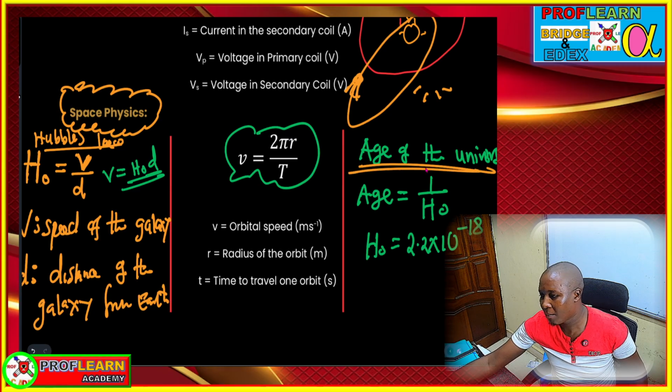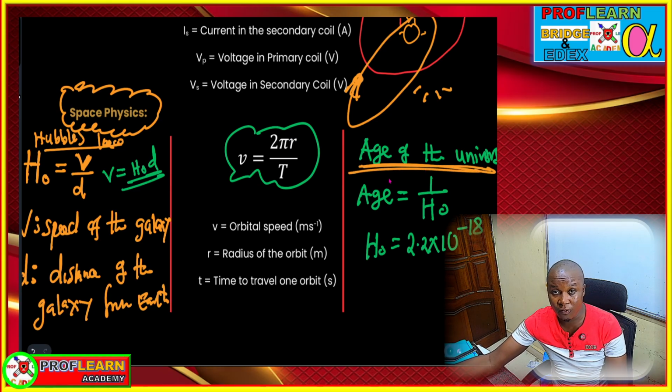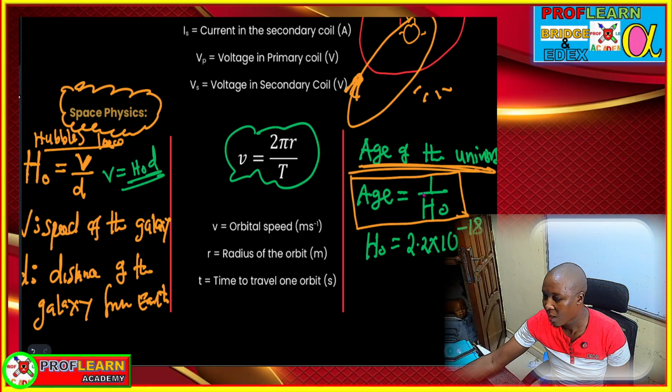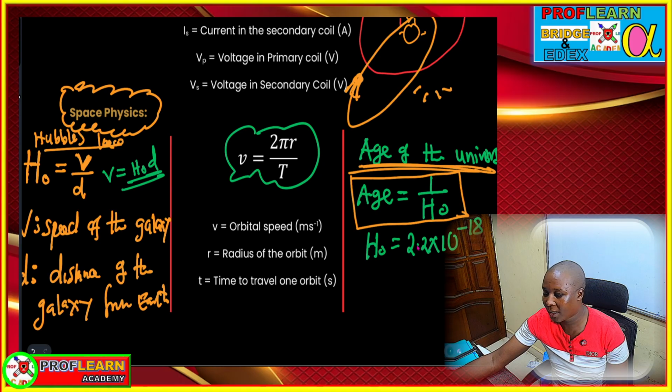Another question that you may be asked is the age of the universe. The age of the universe is obtained by this formula: age is equal to 1 over Hubble's constant. Hubble's constant is approximately 2.2 times 10 to the power negative 18 per second.